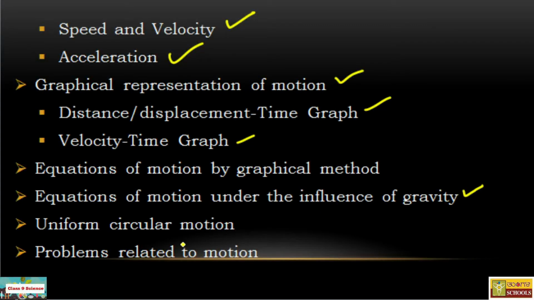There is a small portion that is known as uniform circular motion. You are also learning that. And the chapter finishes after solving problems on motion. So these are the points which you are going to study this year.